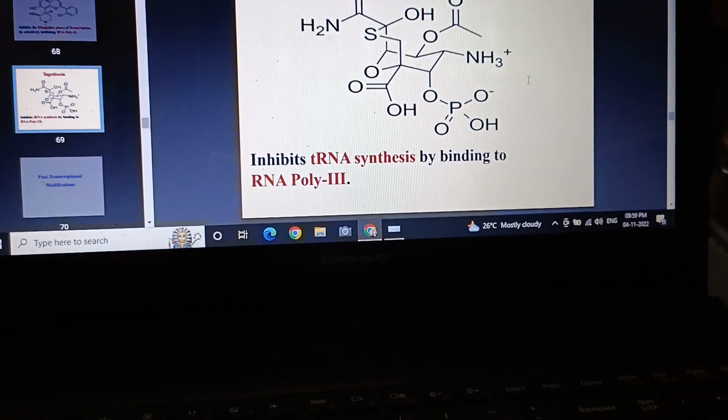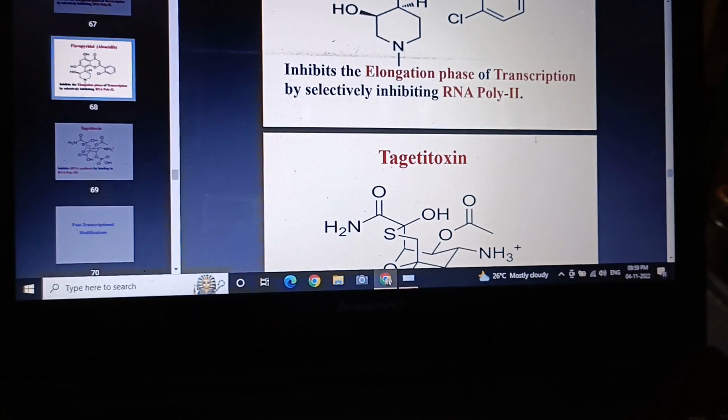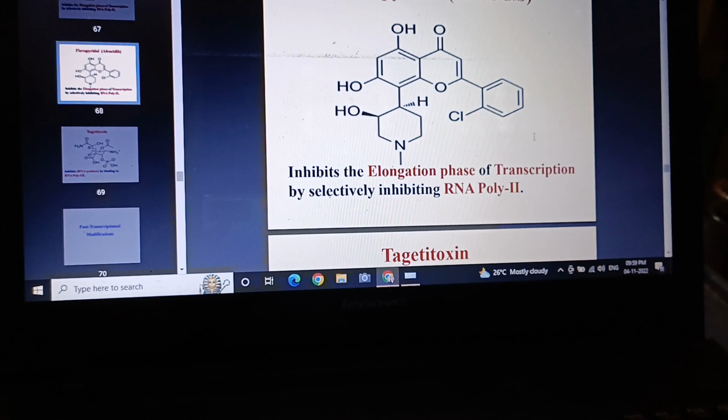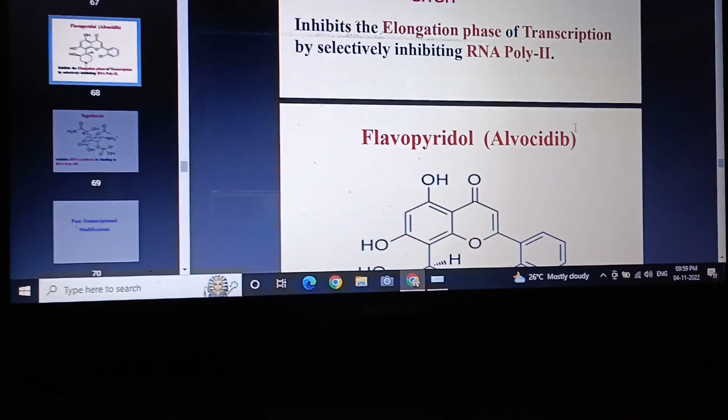These are the transcription inhibitors used in the current market. Okay.